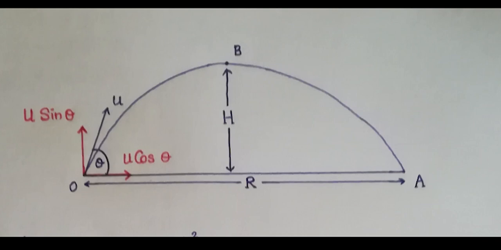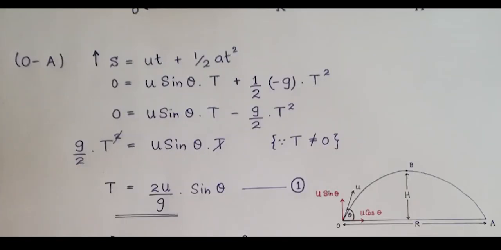First I am going to find the flight time of this projectile motion. For that I can apply s equals ut plus half at squared vertically upwards from O to A. That means for the entire motion.